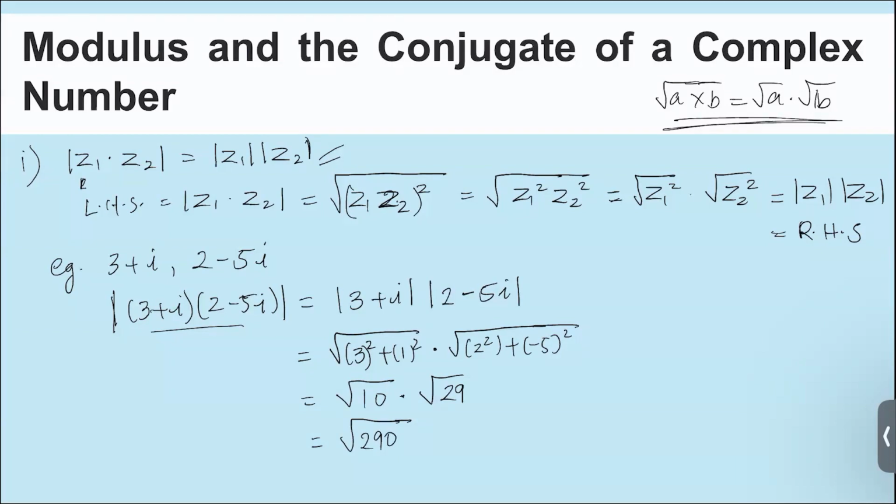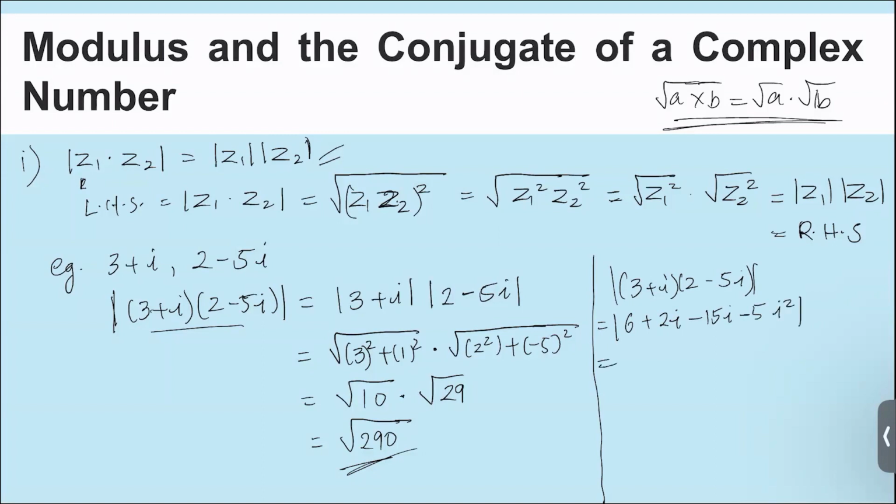Now if you want to see if we would get the same value if we do the longer procedure, suppose I first expand (3 plus i)(2 minus 5i). Within the mod you have 6 plus 2i minus 15i minus 5i squared. Since we know i squared is equal to minus 1, this actually becomes plus 5.